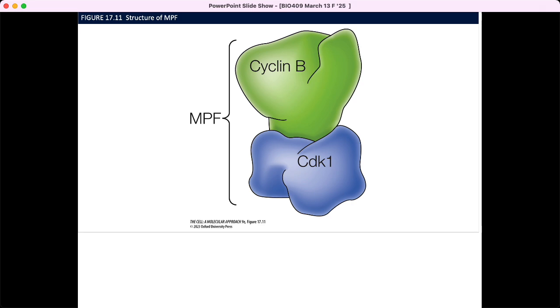And so there's a name for that combination during M phase. The biochemist that discovered this called it MPF. So the active complex is called MPF. And that's kind of a detail, but it acknowledges the people who discovered it, and it actually just stands for maturation promoting factor, MPF.